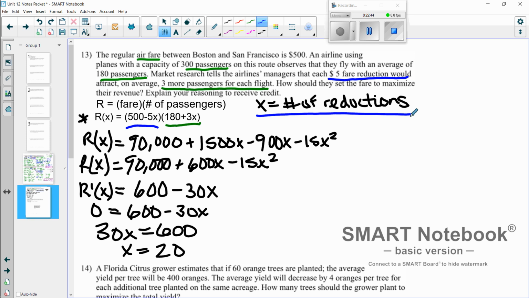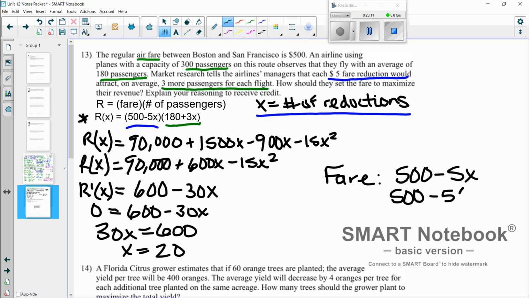Now let's also figure out how much the fare is going to be. Well, the fare is 500 minus 5x, the number of reductions. Well, our number of reductions, the market research just allowed us to figure out, was that there should be 20 reductions taken in order to maximize their revenue.